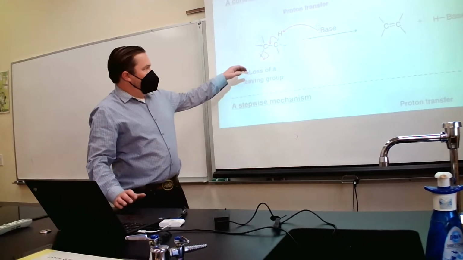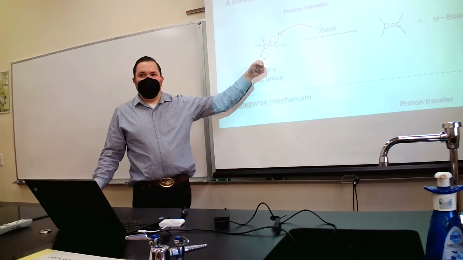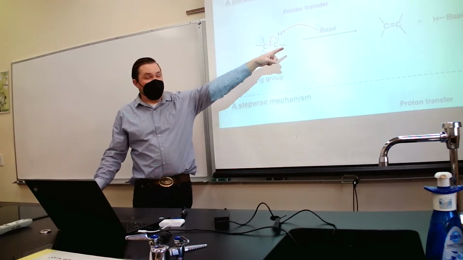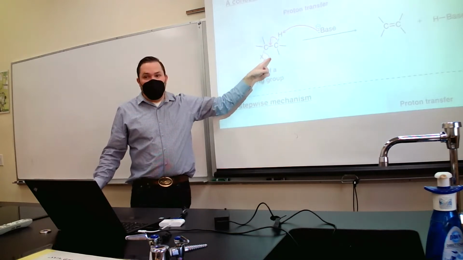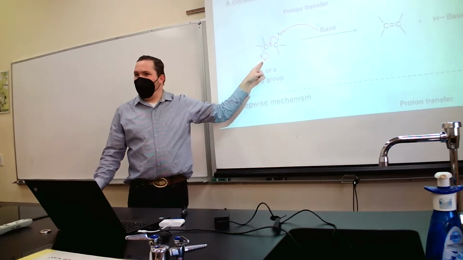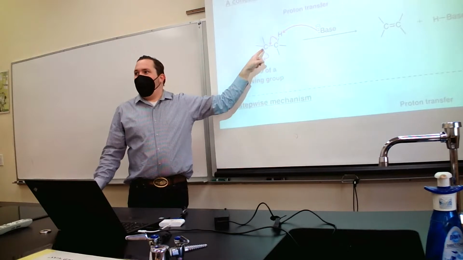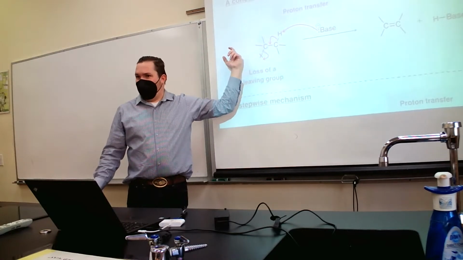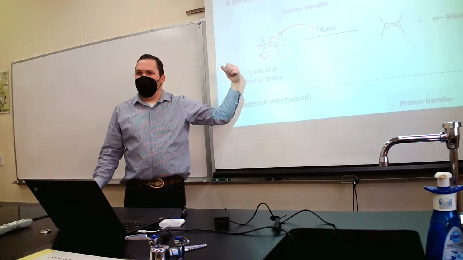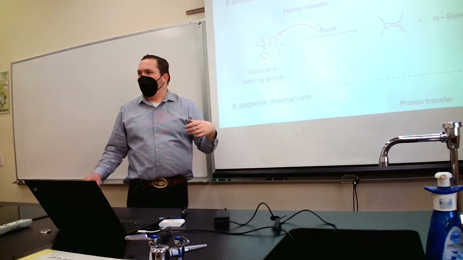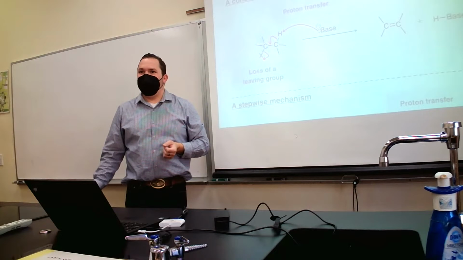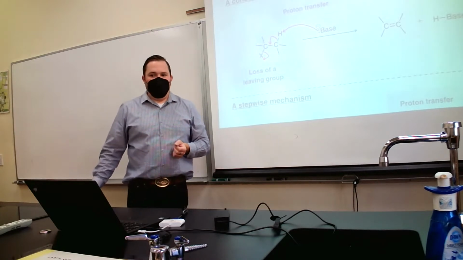All right, so drawing your arrows can get a little tricky for this. Even if you know that the base has to come in and attach, it can be easiest to start by drawing leaving group, leaving arrow. And then think about, okay, now where is that going to pull electrons from nearby? Because it has to have a carbon-hydrogen bond on an alpha carbon, on an adjacent carbon, in order to do this.